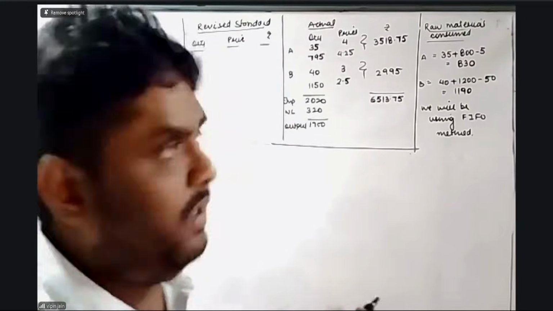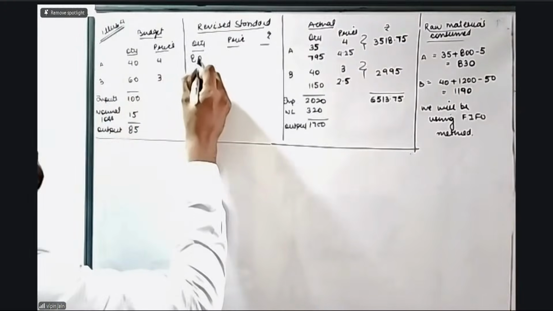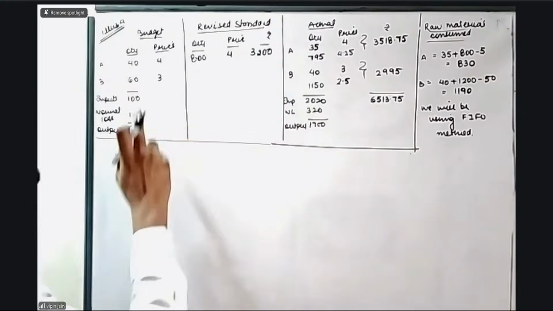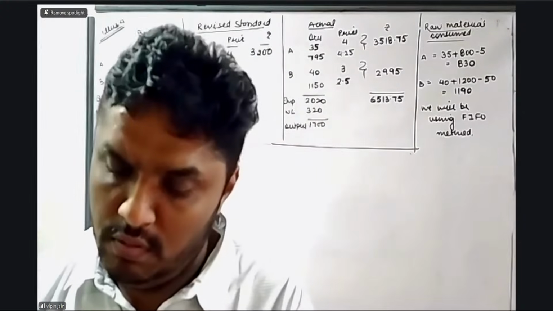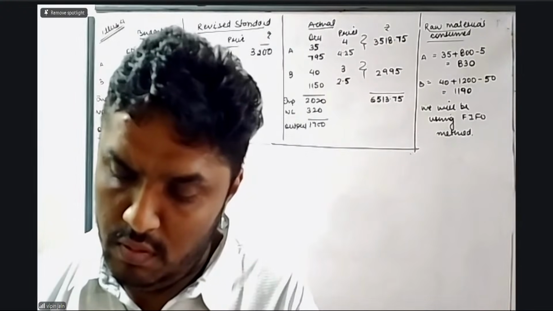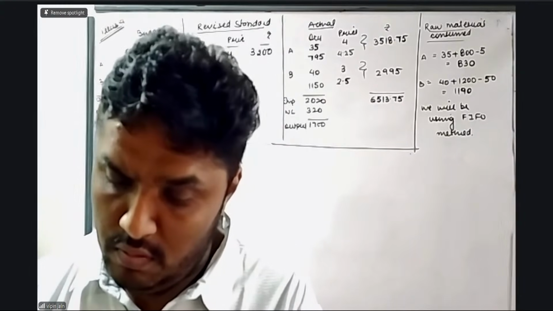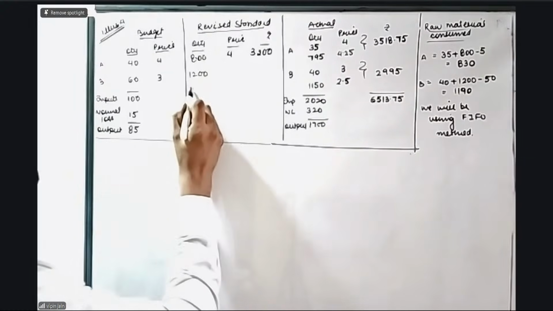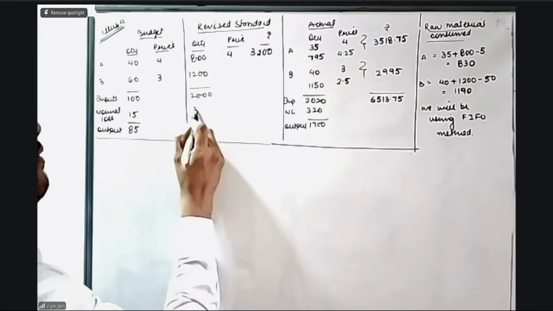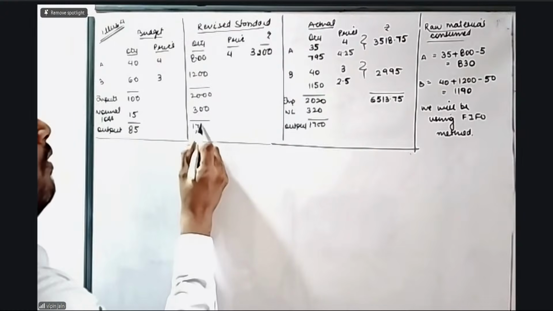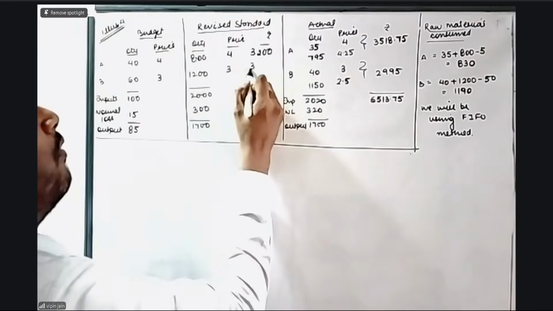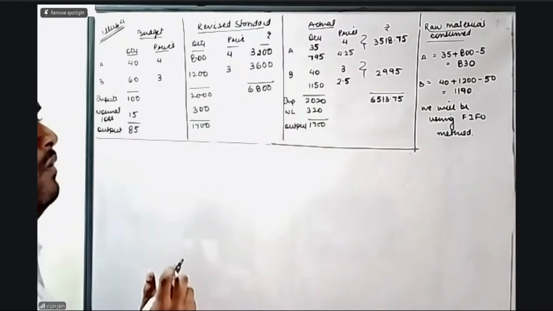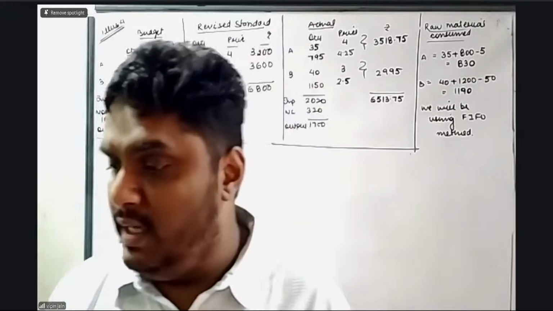So this will be 800. Similarly, 60 for 85 output. This will be 1200. Total will be 2000. So this master chart is now ready.